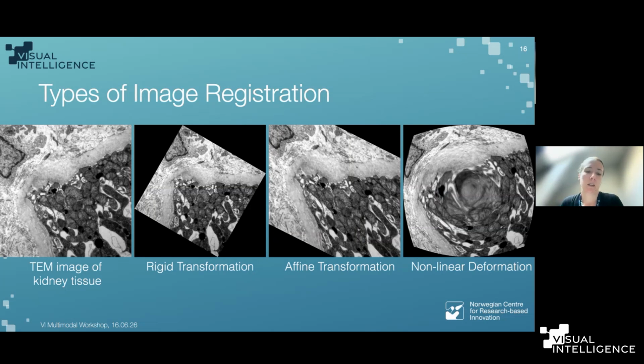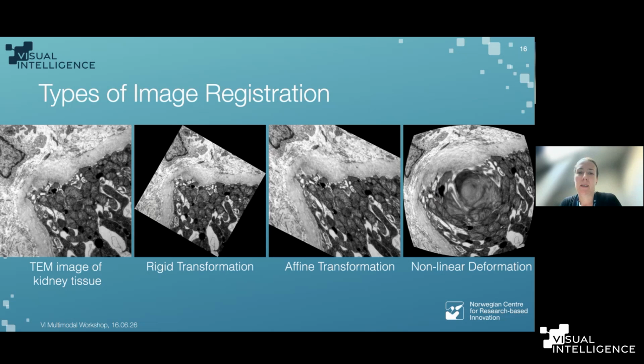So it's either that the image that I'm trying to align to this first image has undergone some rigid transformation, so it has been rotated and translated, or an affine transformation where I also have this type of stretching that has been applied, or I have a completely nonlinear transformation, so a deformable transformation that has been applied to it.